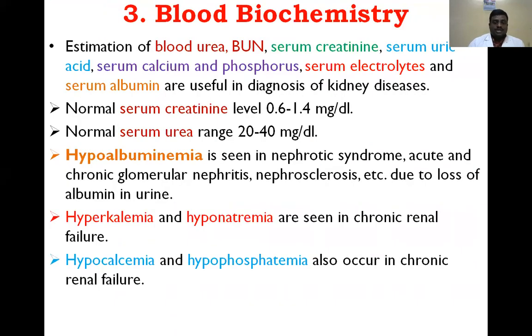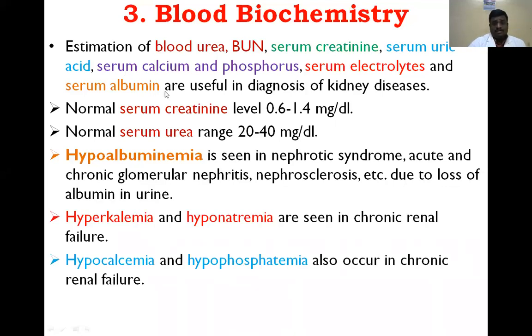Those are about glomerular function and tubular function. Next is blood biochemistry, where we estimate the renal profile: blood urea nitrogen, serum creatinine, serum urea, uric acid, calcium, phosphorus, electrolytes, and serum albumin.